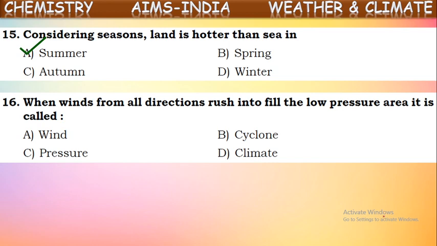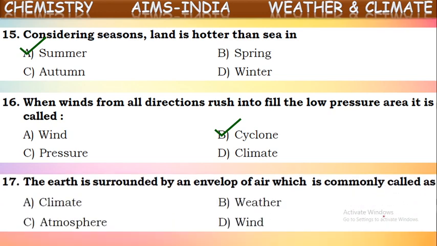Now the air from all the different directions will rush into that place where the low pressure is created. That is called cyclone, because air always moves from high pressure areas to low pressure areas.